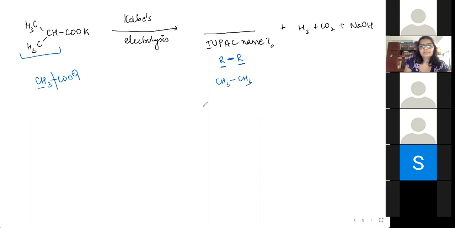That's what happened in the previous case. You had the methyl free radical. So same pattern over here also. Yeah, Sanat, now you got it. Smera, no, check again. Ritu and Sanat have gotten it.